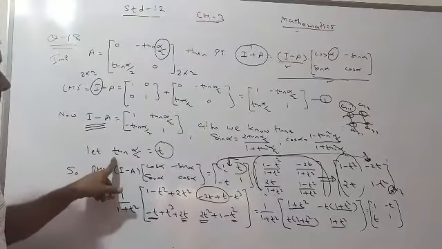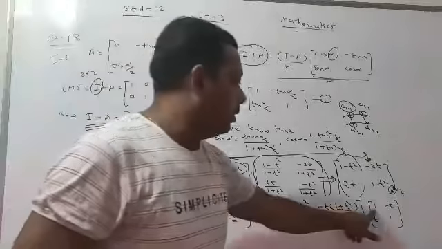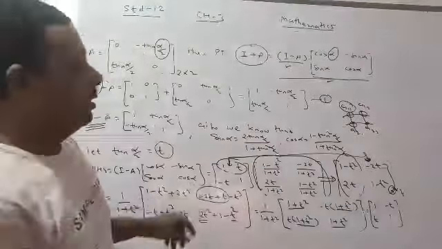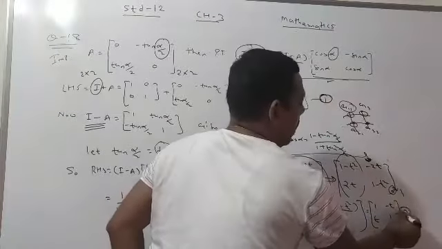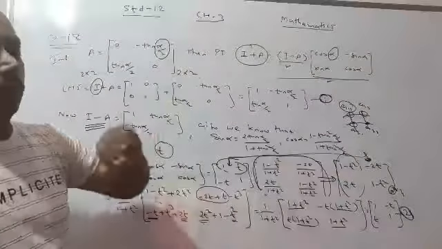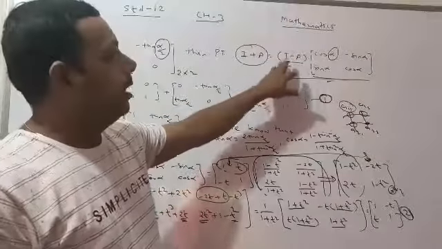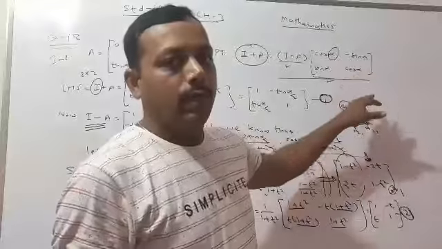That we have considered tan alpha by 2. So my final answer is 1 minus tan alpha by 2, tan alpha by 2 and 1. This is my answer number 2. See, LHS, RHS are same. Hence, it is proved that I plus A is equal to I minus A times cos alpha minus sin alpha, sin alpha cos alpha.